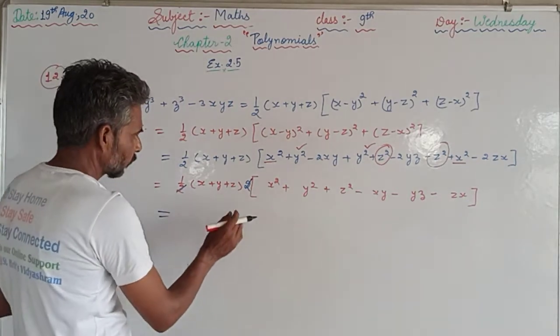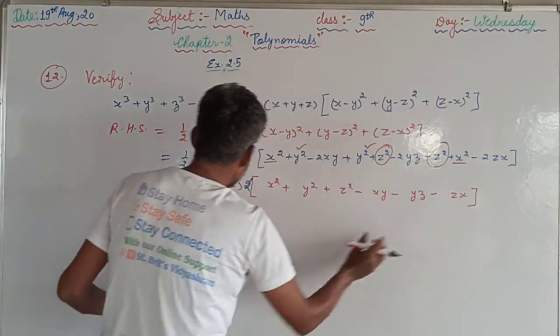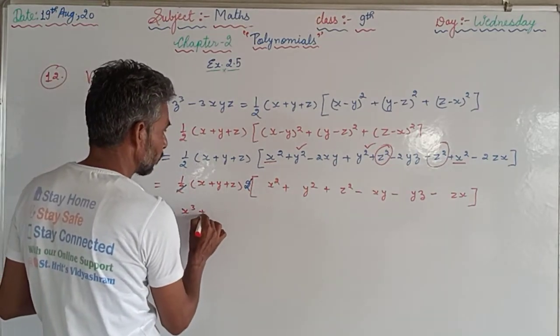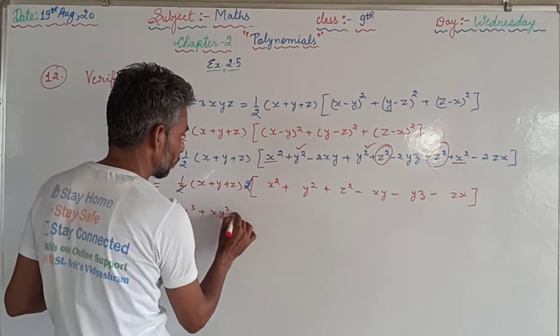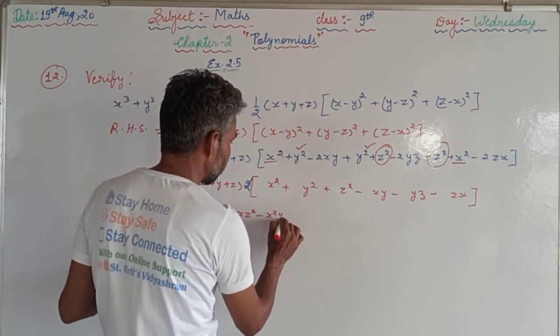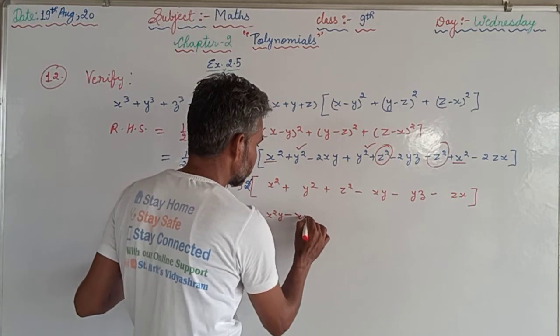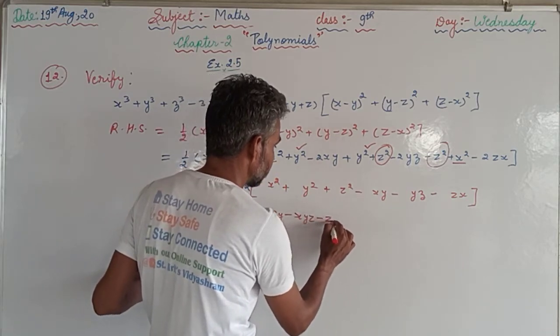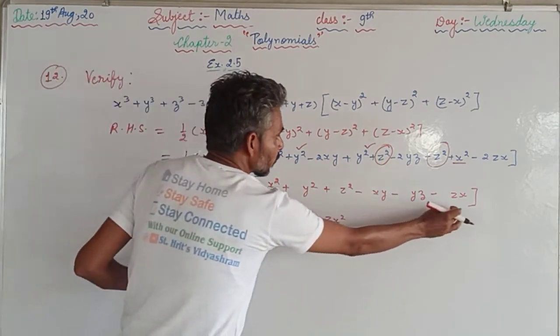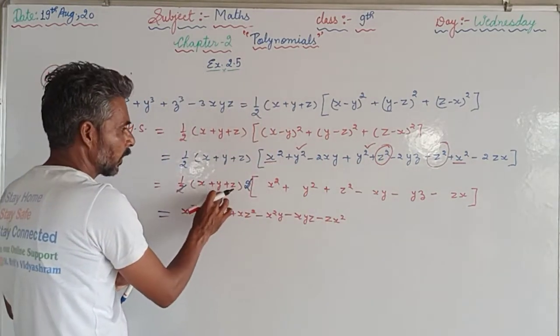Now we have to multiply the whole thing by x. So x into x square, x cube plus xy square plus xz square minus x square y minus xyz minus zx square. So we have multiplied the whole bracket by x, now by y.